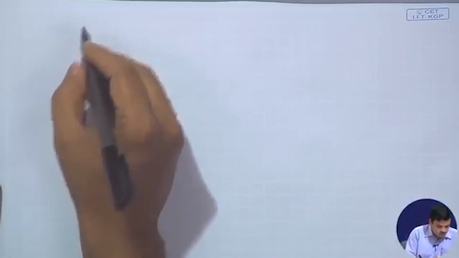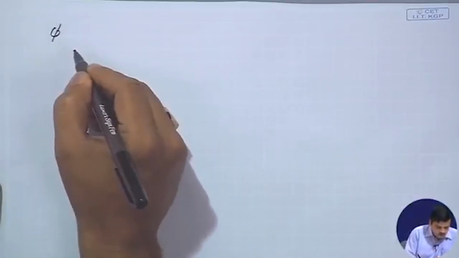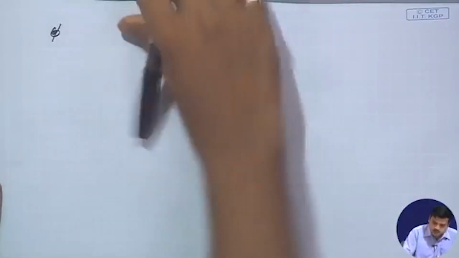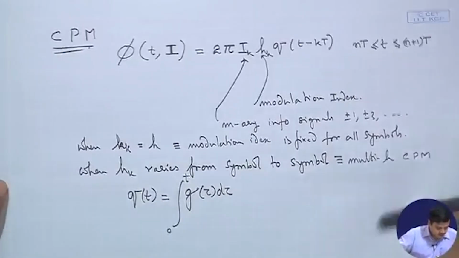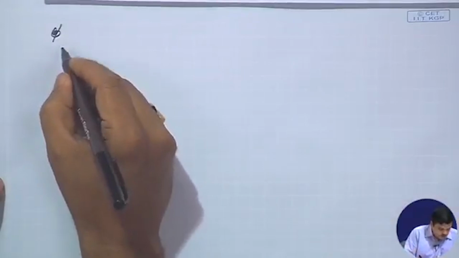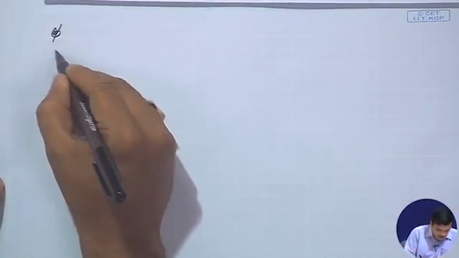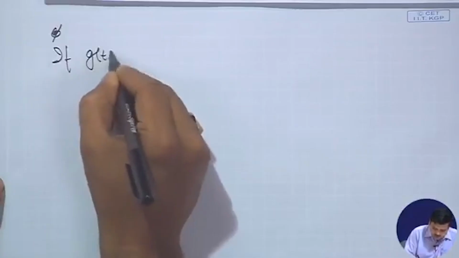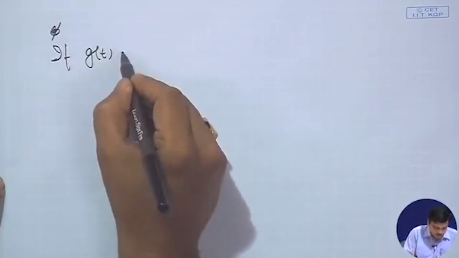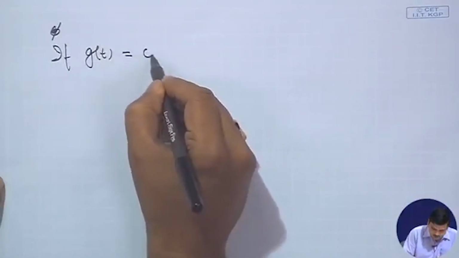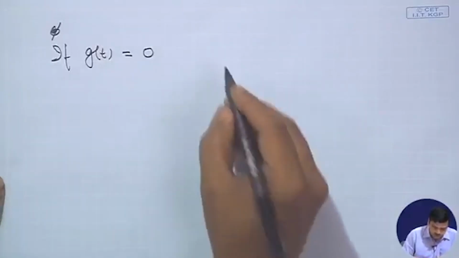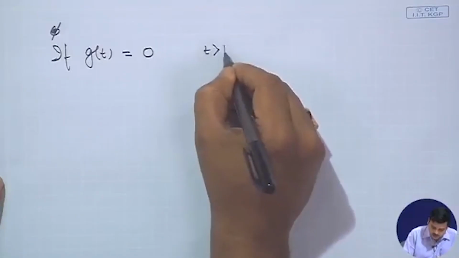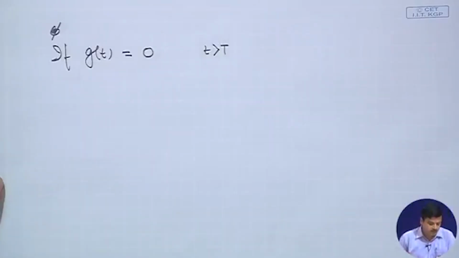So, you could say that this particular phase phi of t, we have already discussed, and all I need to tell you here is that in general, g of t is the pulse shape, and if you remember, g of t is equal to 0 for t greater than T. So, this is generally the form that we are used to.